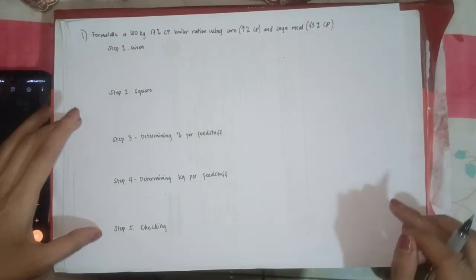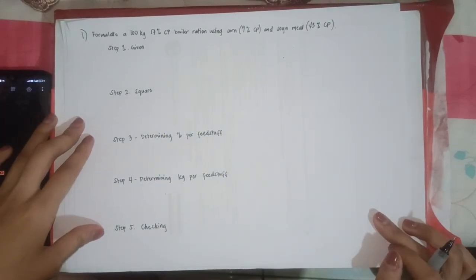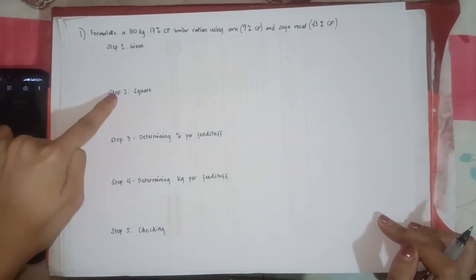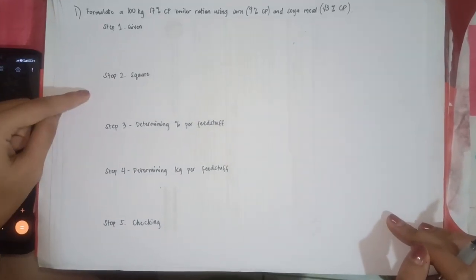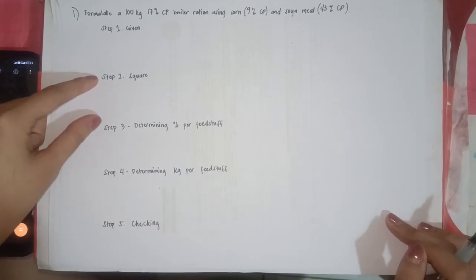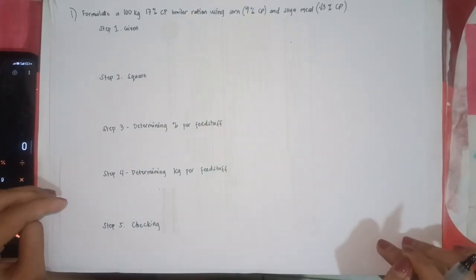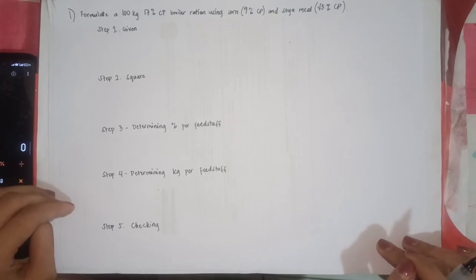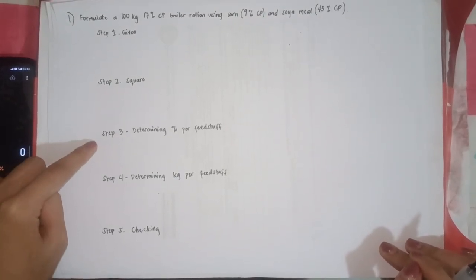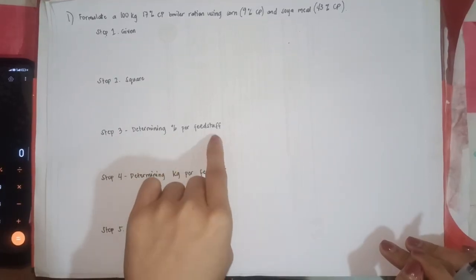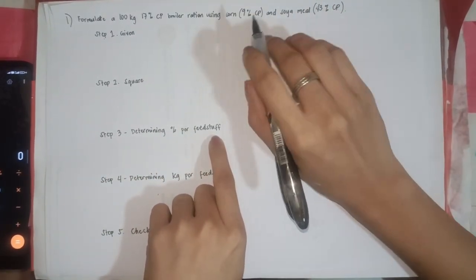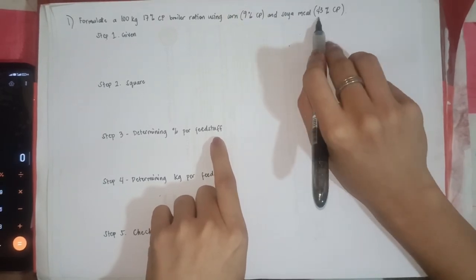As you can see in this paper, the Pearson square method roughly involves 5 steps. Step 1 is the given, and step 2 is the square. That is where the name Pearson square comes from, because every Pearson square method has at least one square. Step 3 is determining the percentage per feedstuff or feed ingredient, where in this equation we have 2, the corn and the soya meal.